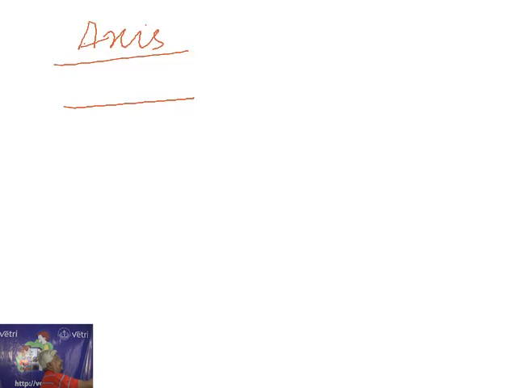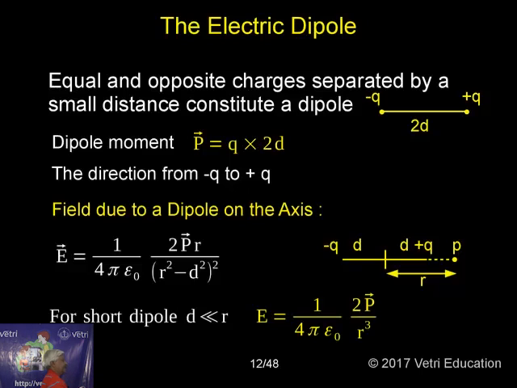Everyone knows minus Q and plus Q. It is better to always remember minus Q and plus Q. These two equal and opposite charges separated by a very small distance 2D constitute a dipole. This is the center O. Therefore, this must be D, and this is also D. This line is called the axis.